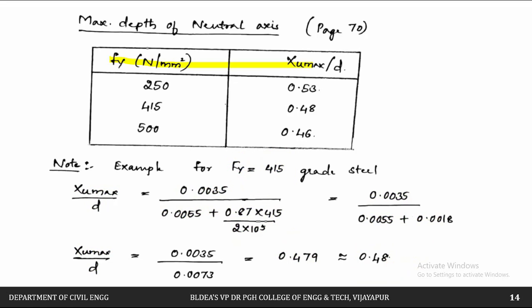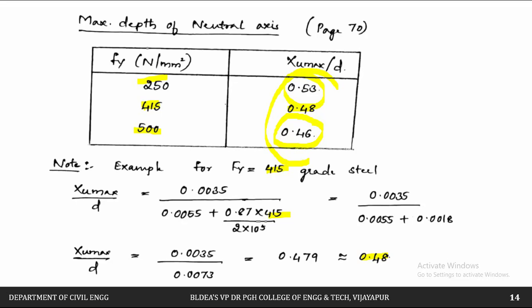That is being shown in the table now. For different grades of steel, what is the maximum depth of the neutral axis? Just now we have seen one example, that is for 415, where the maximum depth of neutral axis is 0.48. Similarly, if you substitute 250 in this equation, you will get the answer as 0.53. Next, if you substitute 500, we will get the answer as 0.46.